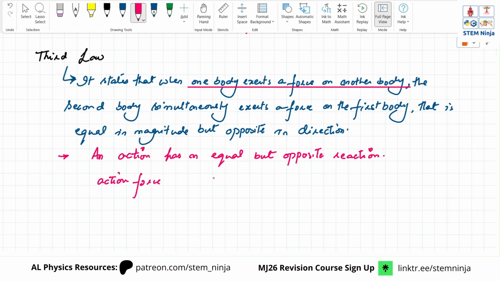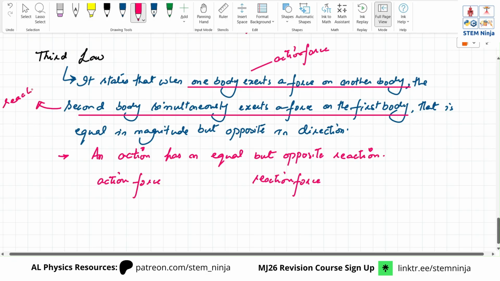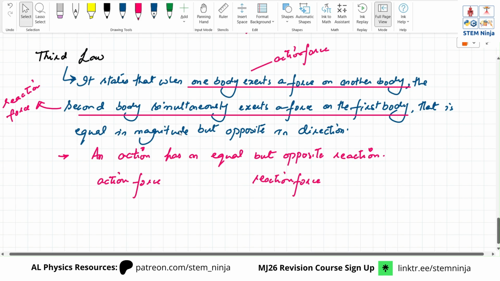Let's call it the action force. Then there is a reaction force, where the second body simultaneously exerts a force on the first body. So magnitude wise they would be equal, but they would be opposite in direction.